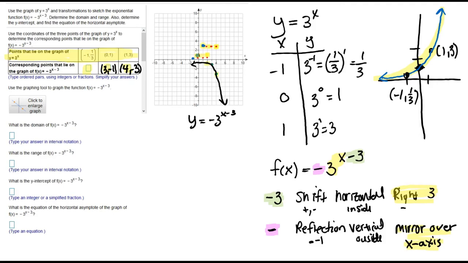But then for the last point, which started right here at x equals -1, we move to the right 3, that's going to put us at an x value of 2. The y-coordinate was 1/3 above the x-axis. You reflect it to be 1/3 below, so that's going to change to -1/3.